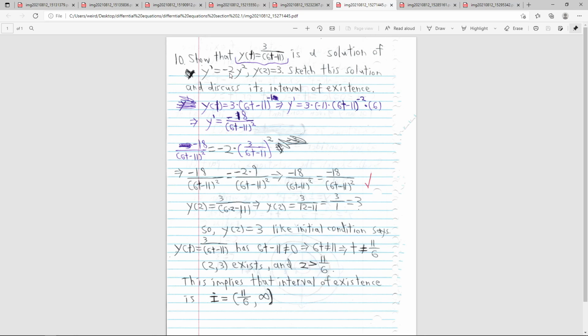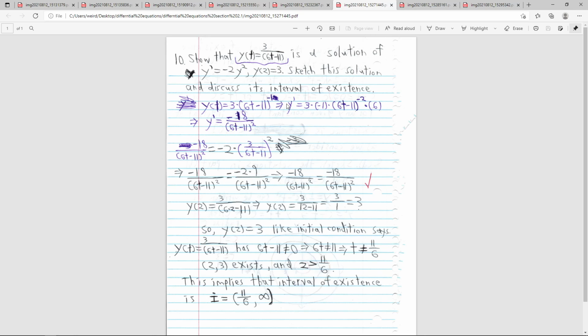So we have y prime equals negative 2 times y squared as our differential equation here. We start with y at t equals 3 times 6t minus 11 raised to the negative 1 power, because you can bring that up. To take the derivative, it's easier to do it that way, otherwise you have to use the quotient rule.